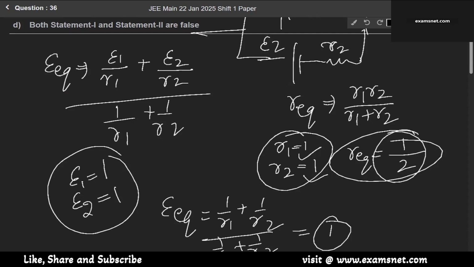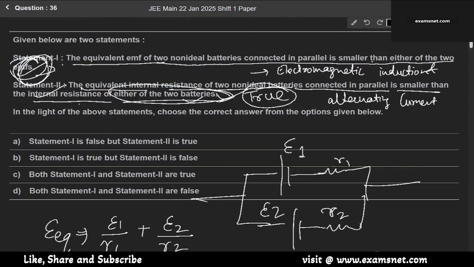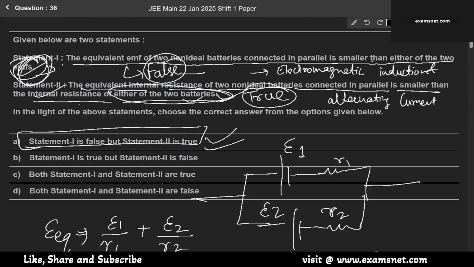In this case the equivalent EMF is equal to the EMF of the two individual ones. So statement first is false and second is true. From the given four options, statement one is false and statement second is true, which means option first is the correct answer.